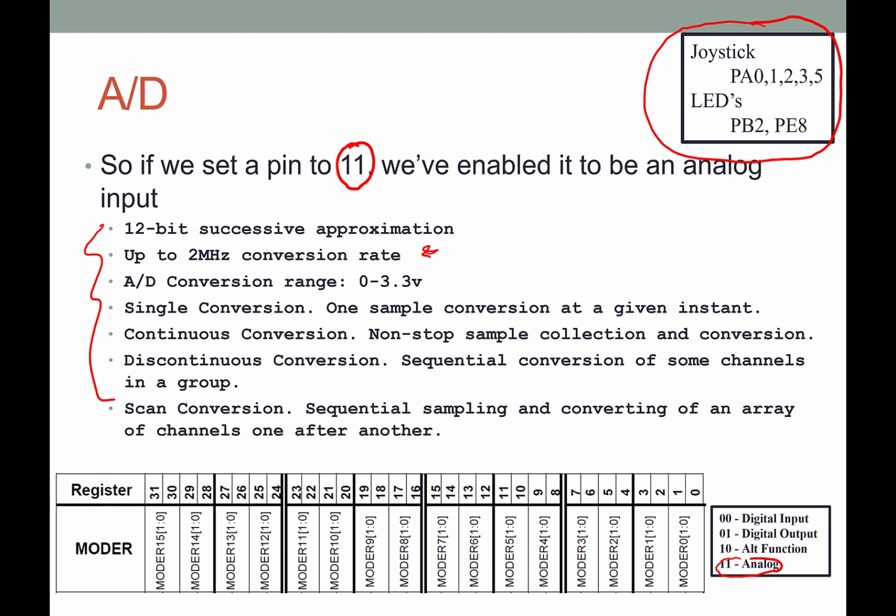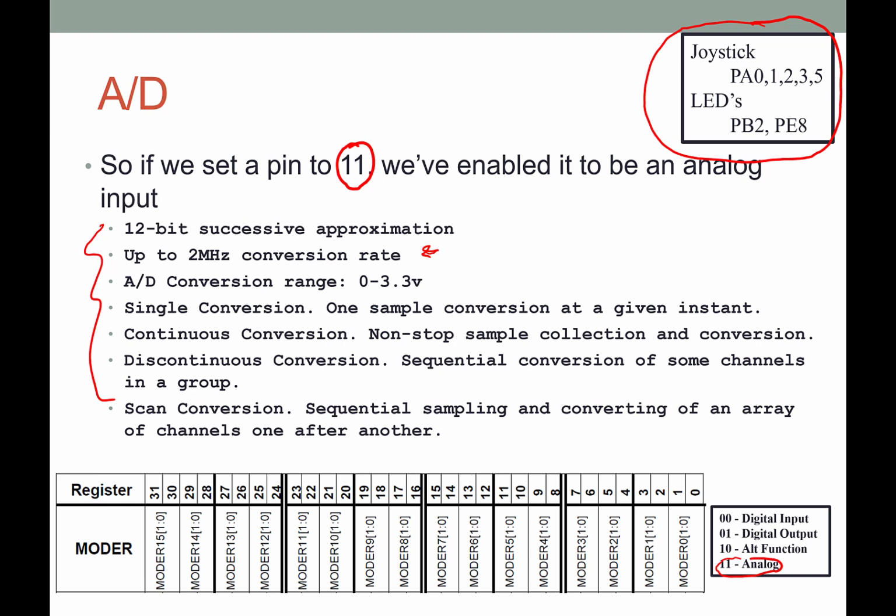For the A to D converters, we have a number of channels, and we can do a single channel conversion, which is a single sample conversion at one particular time instant, or we can do continuous conversions, which means you convert, then you can read it, then convert again, and it is constantly doing this conversion process. It says non-stop sample collection and conversion.